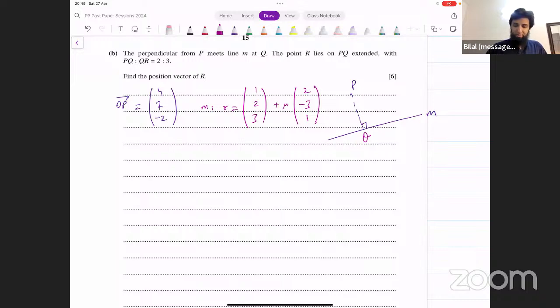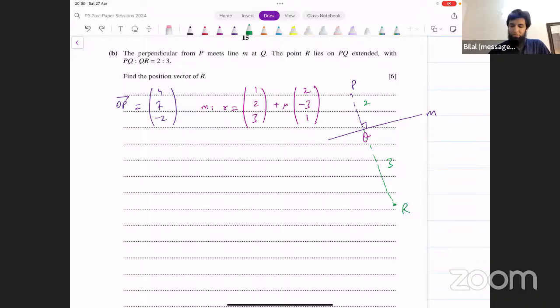Okay, so basically, if you were to extend this line further, at some point you've got another point that's R, and that is such that if this was 2 units, this would be 3 units. That's what they're saying. Okay? If PQ was 2 units, QR would be 3 units. And now, based on this information, we need to find the position vector of R.